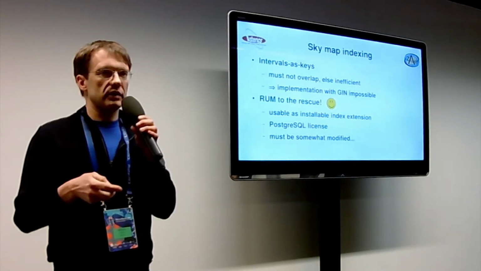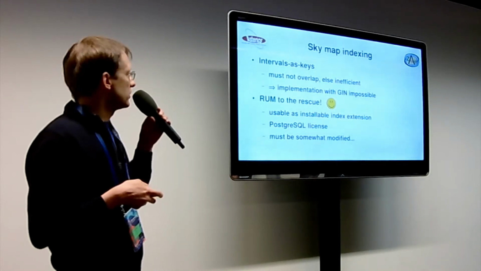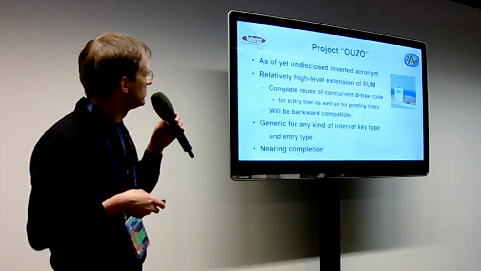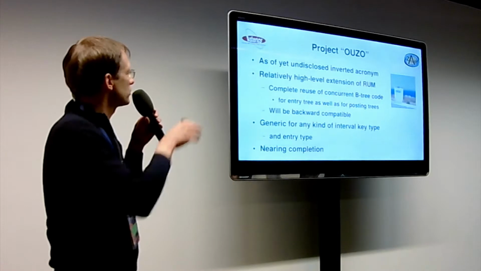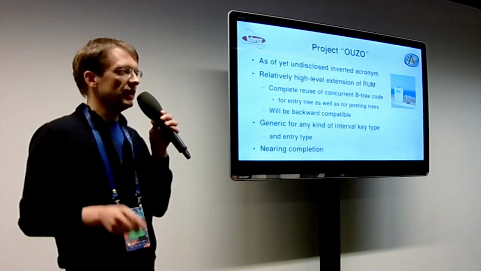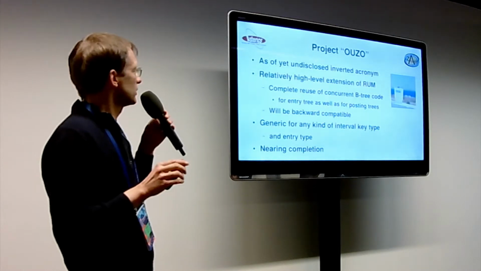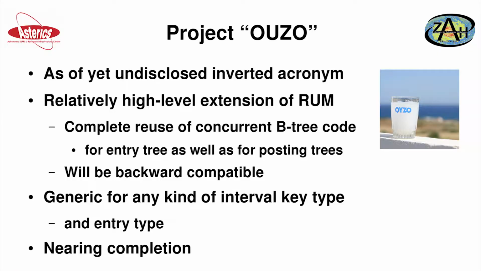However, I had to make several modifications to make this work, and now I introduce this USO project. Why it's called USO, the official meaning will be announced later, but it's unimportant, it just needs a name. So what is it? It's basically an evolution of the RUM code, just an extension.